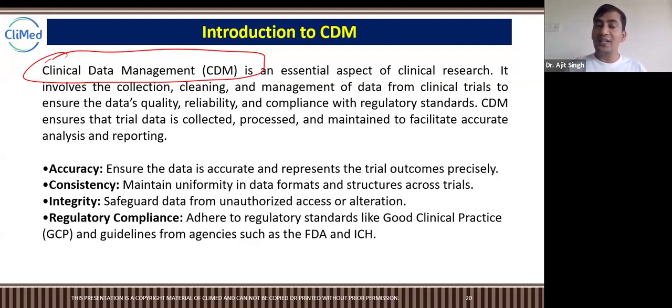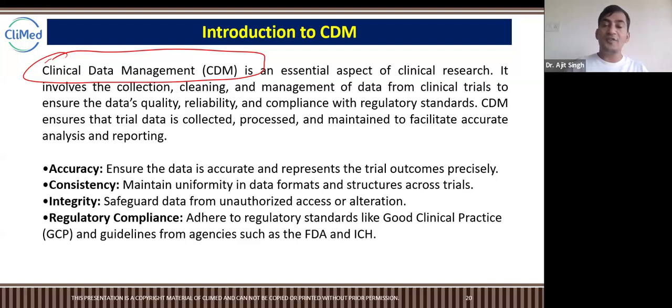The CDM team works in data form creation, case report form creation, and then making them digital, like EDC, electronic data capture forms. Then they give access to the sites, collect the data from the sites, refine it, analyze it, and maintain the security of the data. So there are multiple tasks.